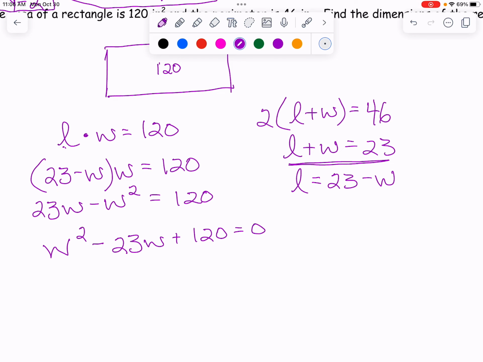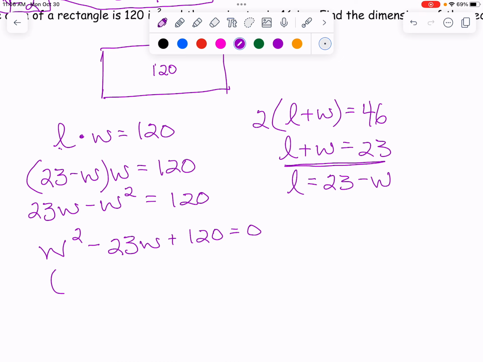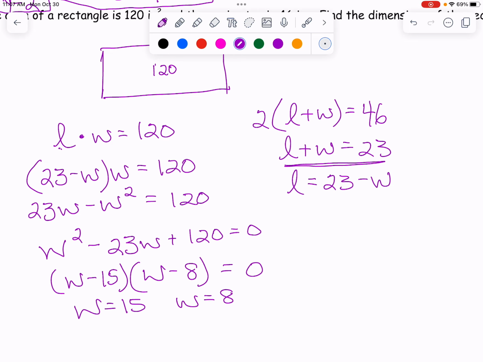And then I'm going to look for my factors. That would give me 120. That is 15 and 8. Oops, that's supposed to be 15. So my two w's would be 15 and 8.